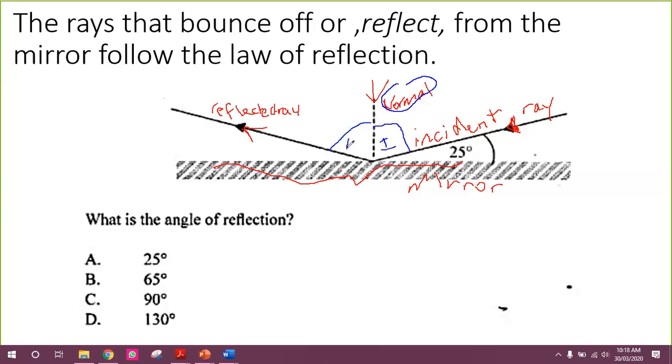And what do we know about these two angles, the angle of incidence and the angle of reflection? What can we say about them? Very good. They are equal.